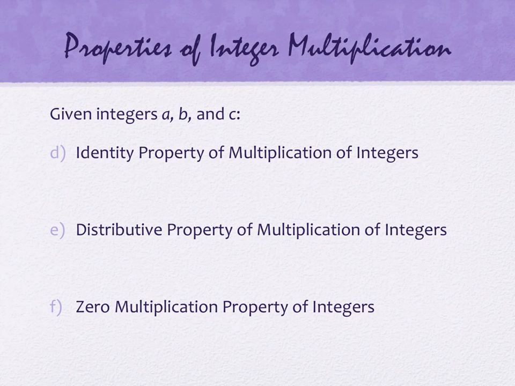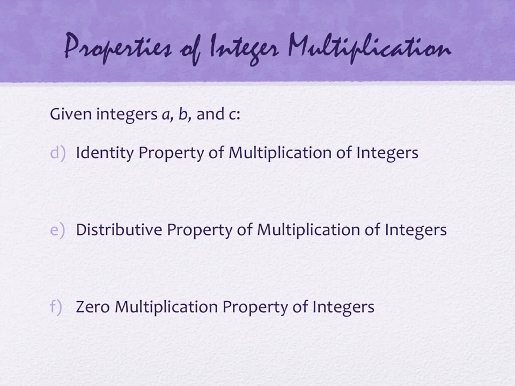All right, the next one is the identity property of multiplication. You guys just got back a test, and on the test, one of the things I asked you was which of these different operations have identities, and multiplication has an identity element. The identity element is the number 1.